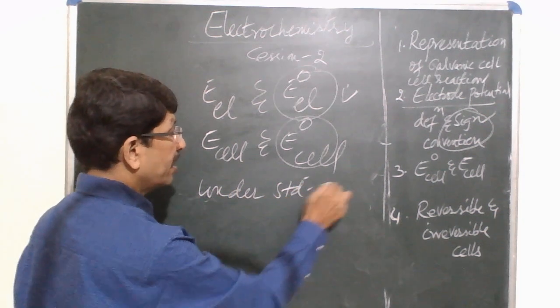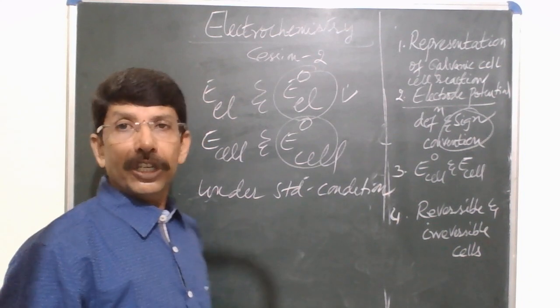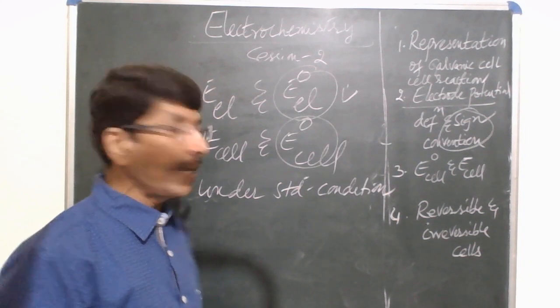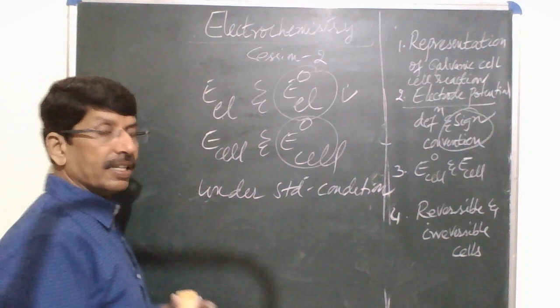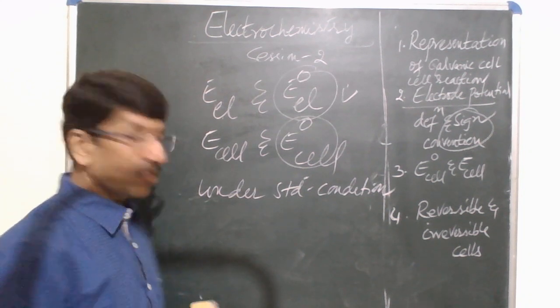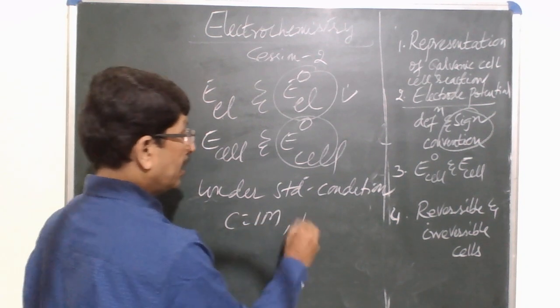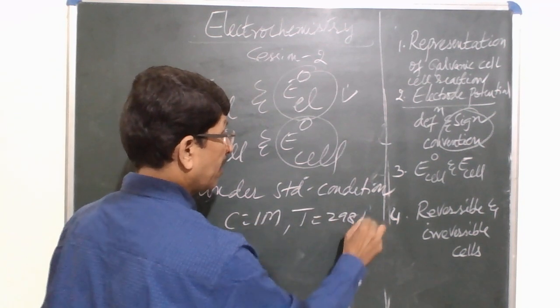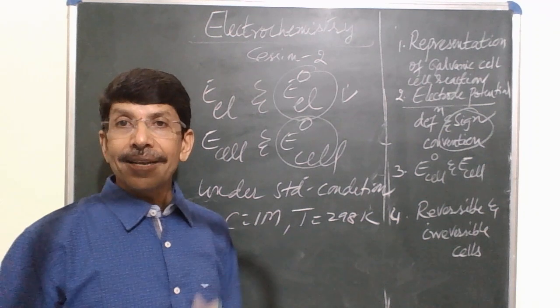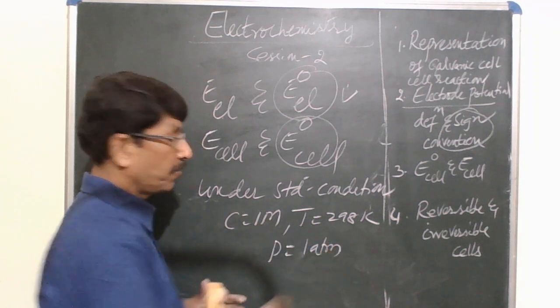What are standard conditions? Because electrode potential varies with the temperature and concentration of the electrolyte. So if you fix the concentration and fix the temperature, then electrode potential remains constant. So if the concentration of the electrolyte is 1 molar, if the temperature is 298 Kelvin, and if it is a gas electrode, the pressure of the gas should be 1 atmosphere.